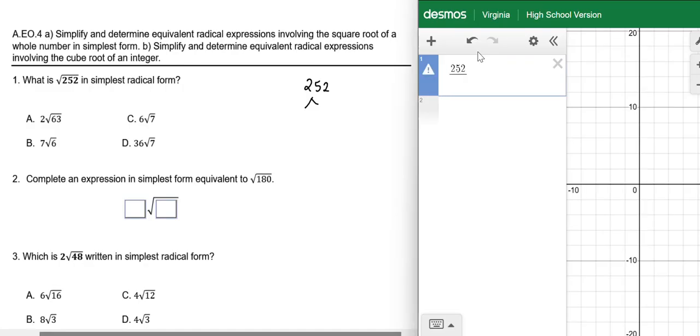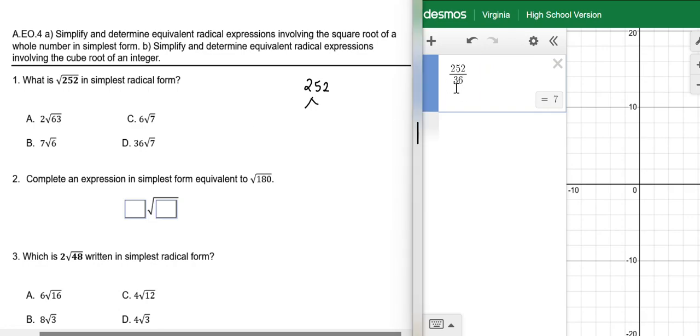One of the highest perfect squares we know is 100. It doesn't go into it. Then 9 times 9, 81, doesn't go into it. 8 times 8, 64, no. 7 times 7, 49, and so on. We just want to see if there are any perfect squares underneath here that I can take out.